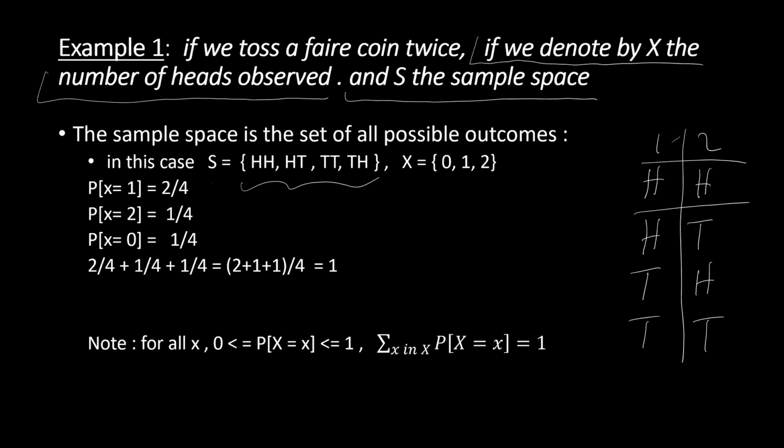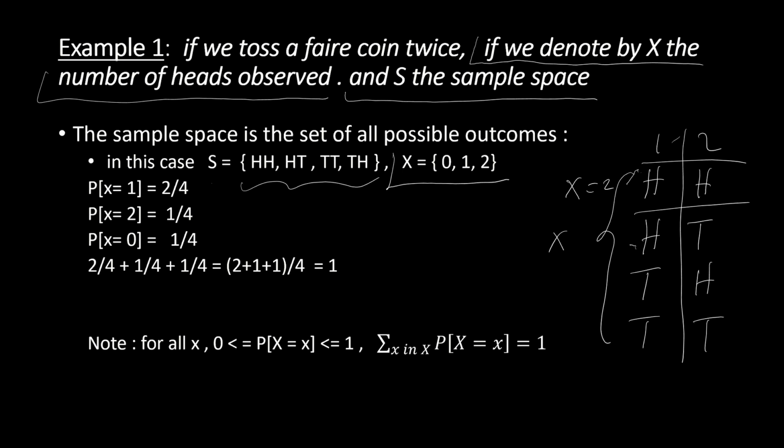Now our variable of interest is the number of heads that we observe. So we want to say how many heads we observe in this experiment. For head and head, you get 2 heads, so x equal to 2.